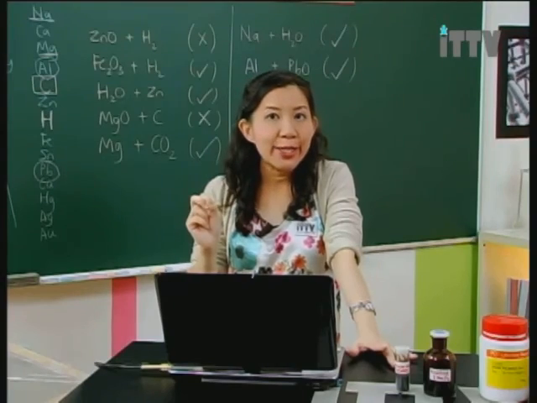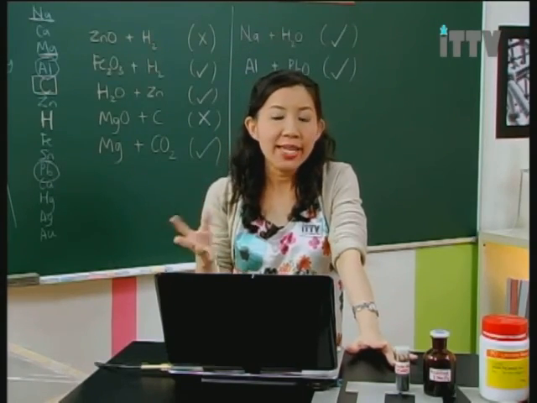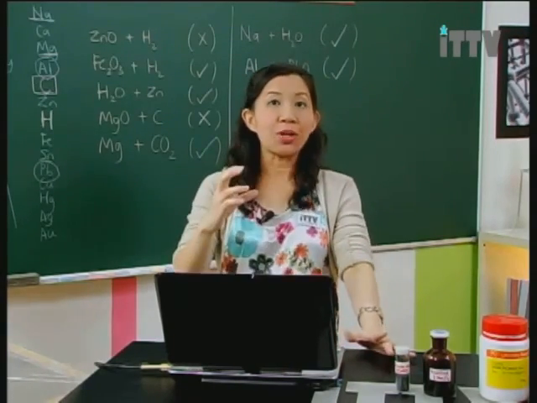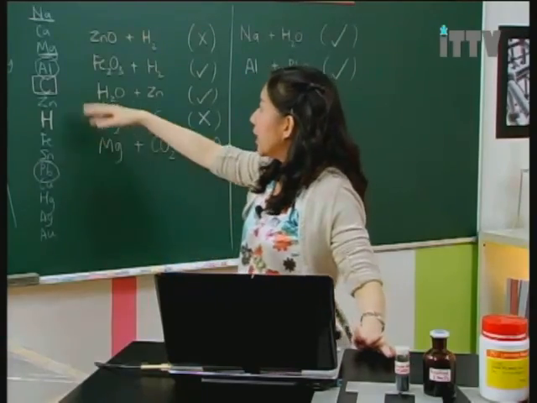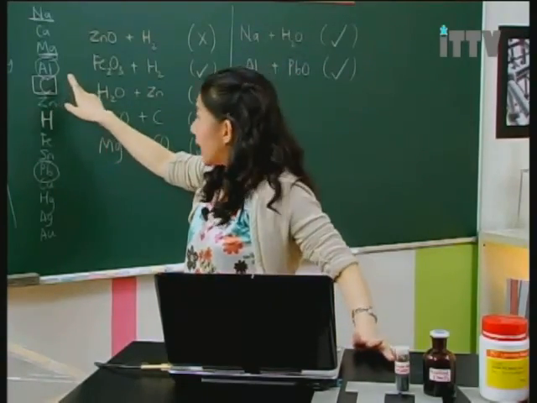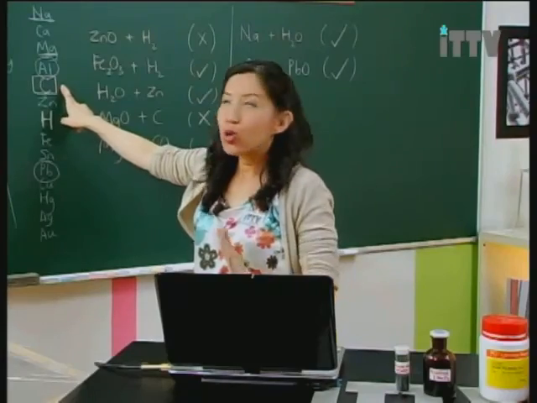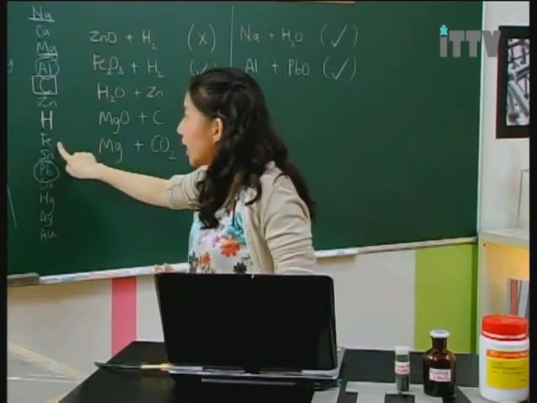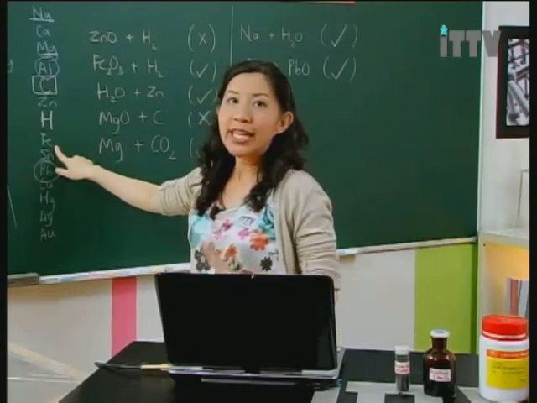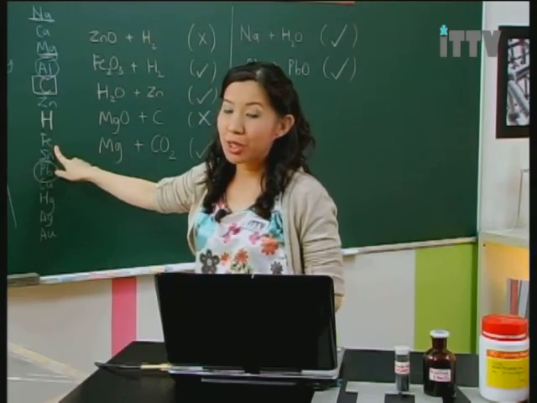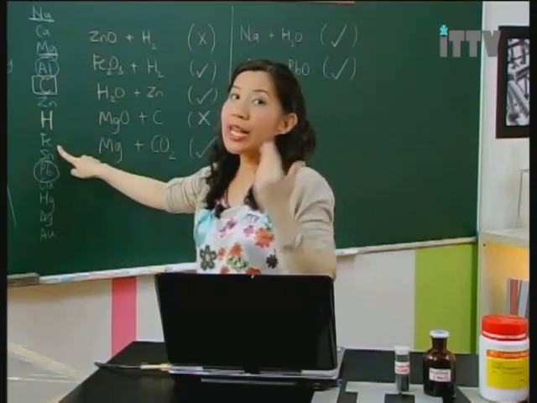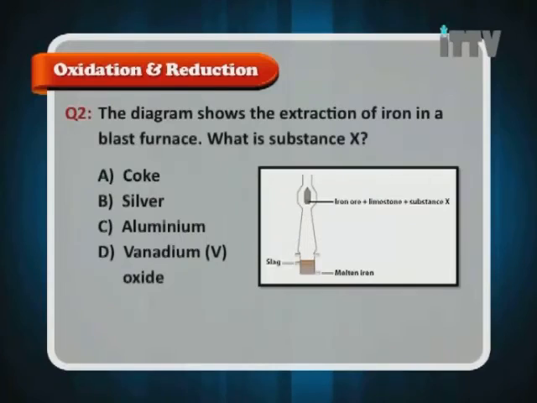The third item, well, as I said, memory work, is none other than coke, because coke here will be carbon. And carbon is needed to reduce the oxide of iron into iron metal, because carbon is more reactive than iron. So the answer, everybody, will be A, coke.